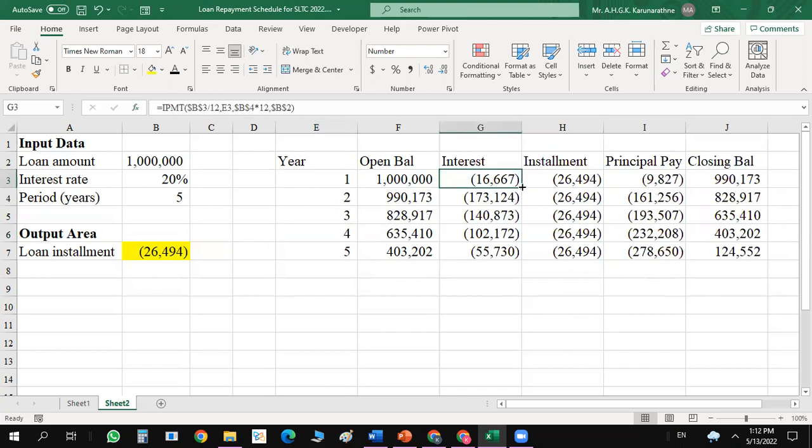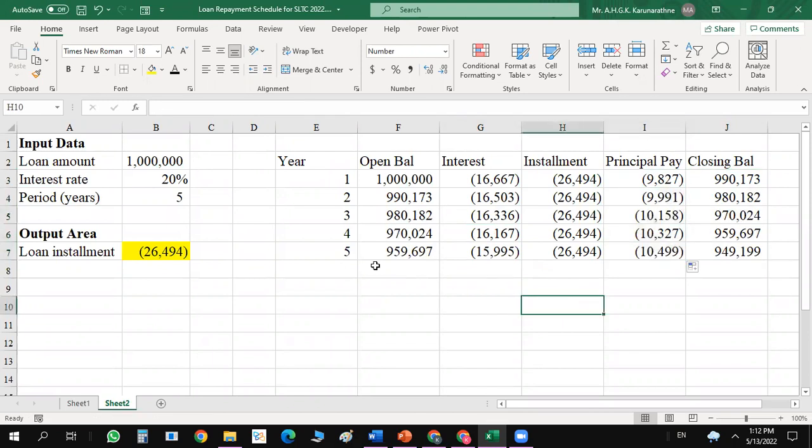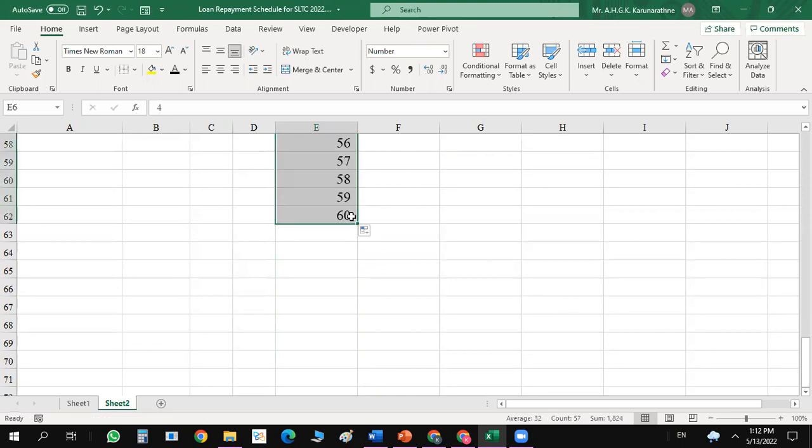We need to adjust like this. Okay, this is the situation, and you can simply drag this for 60 months and check whether it will get to 0.